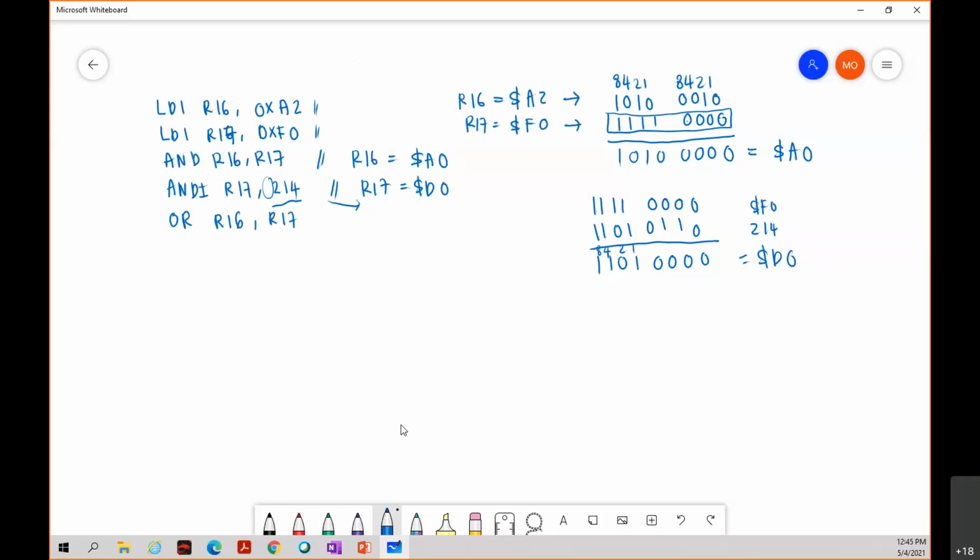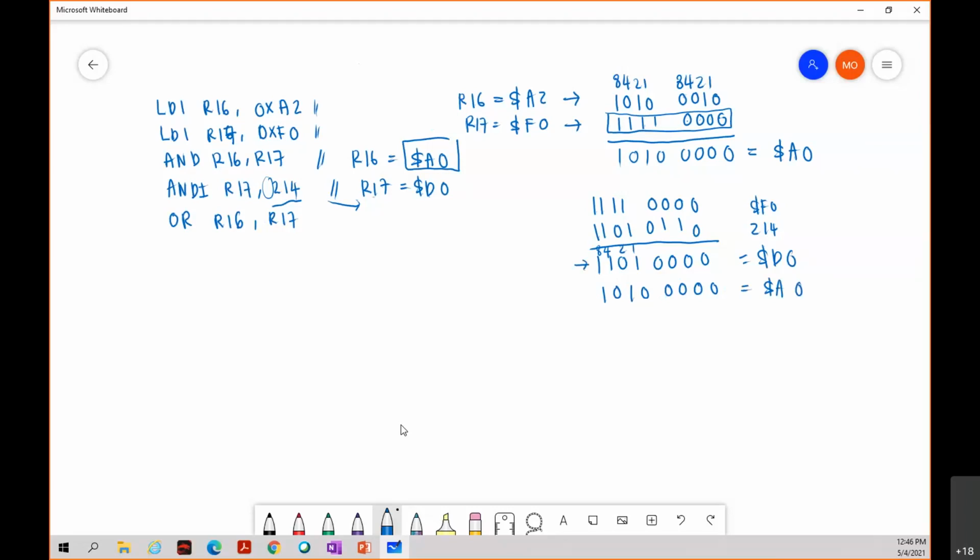I just swapped the position. So you're going to OR R16 with R17 and put the result back in R16. What is the current value of R16? This is your R16, A0. A0 is 1010 0000, and then R17 is D0. So this is your D0 and this is your A0.